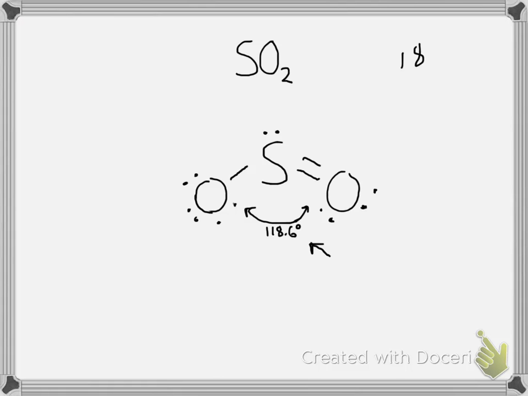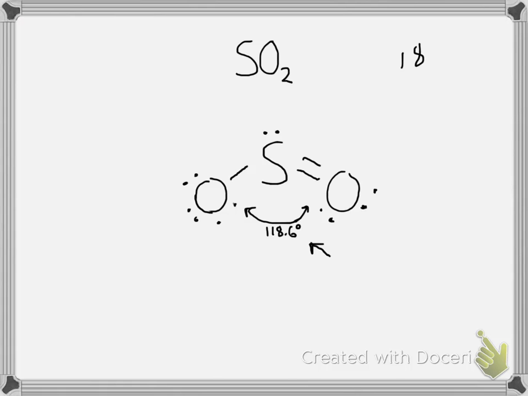So polar bonds are pretty much covalent bonds in which the electrons are not shared equally by the 2 atoms involved in the bond. And this occurs because of differing electronegativity values, which is basically a measure of how much an atom attracts an electron. And electronegativity can be found by looking at the periodic table.